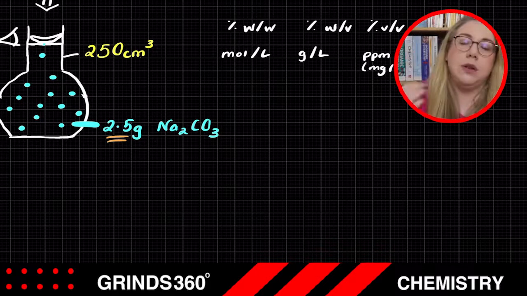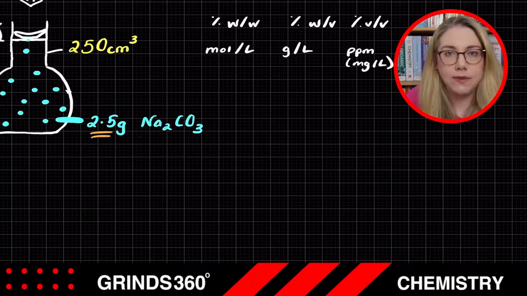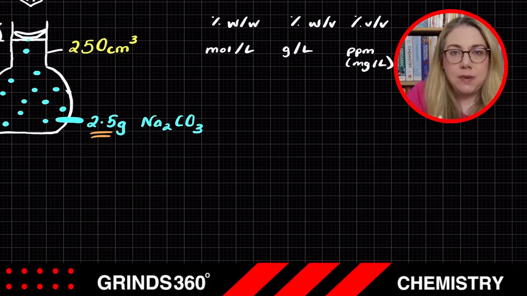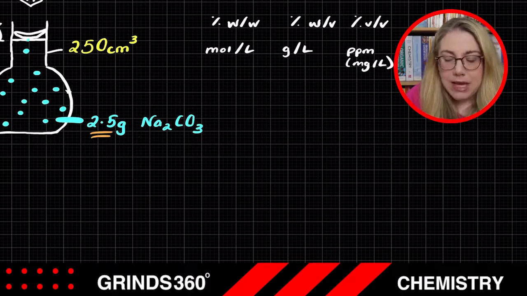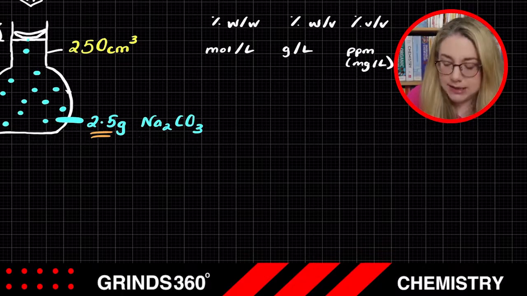Now, if you look at the unit for concentration for those 6 different units, it's something per something. So that's actually giving you the solute per solution. It's just doing it in different units.